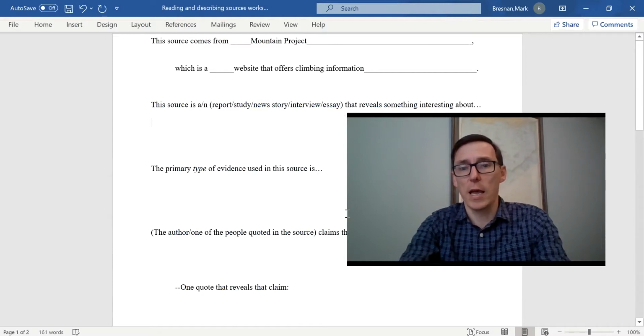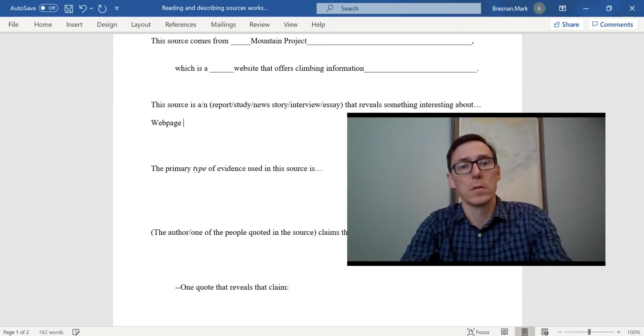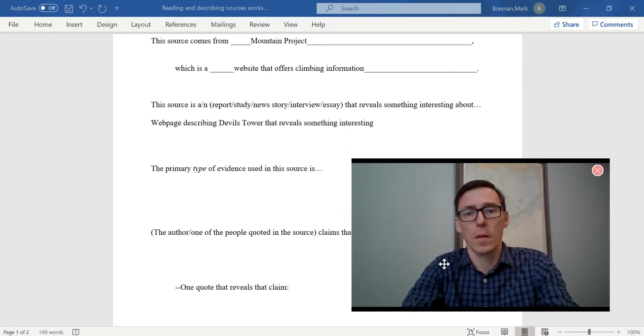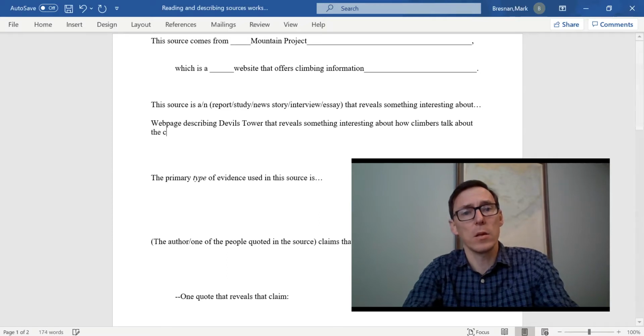This source is a web page describing Devil's Tower that reveals something interesting, I would say, about how climbers talk about the closure on Devil's Tower.